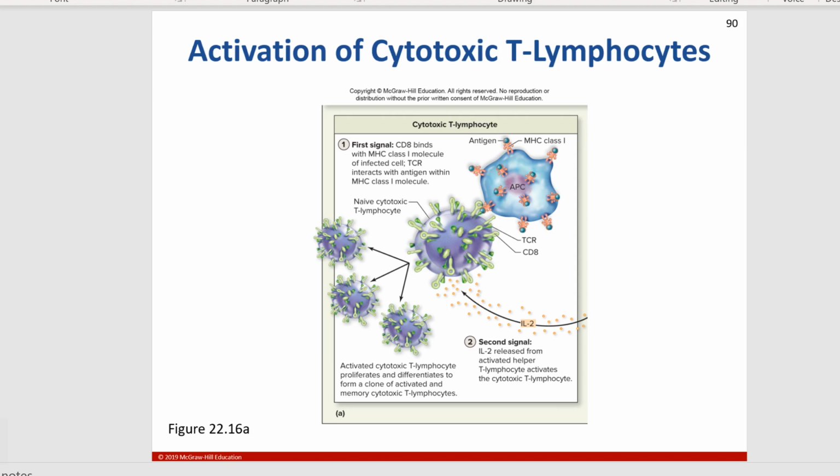They're waiting to encounter it again. When they encounter it again, they'll be able to launch a cytotoxic T cell response and make antibodies, and the antibodies will fight the disease. They come on very quickly, so we'll talk about that a little bit later.